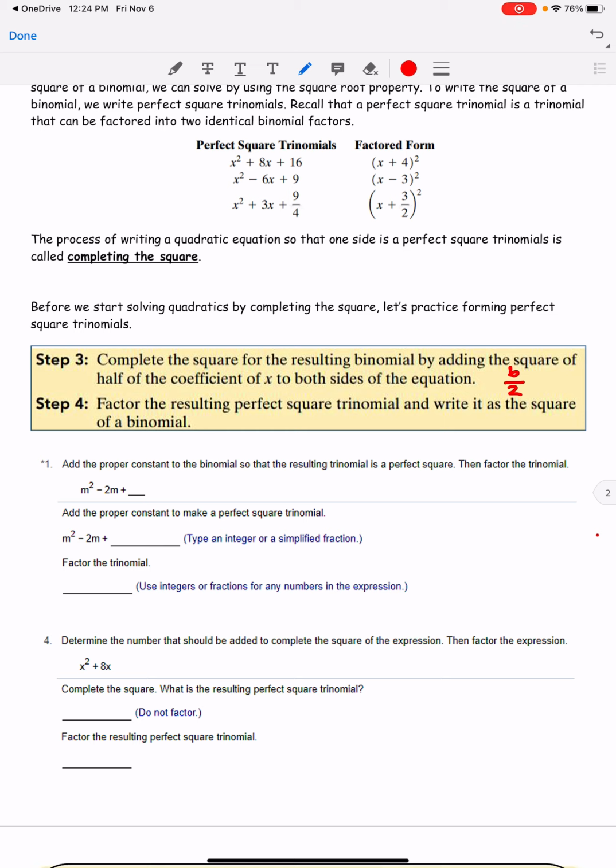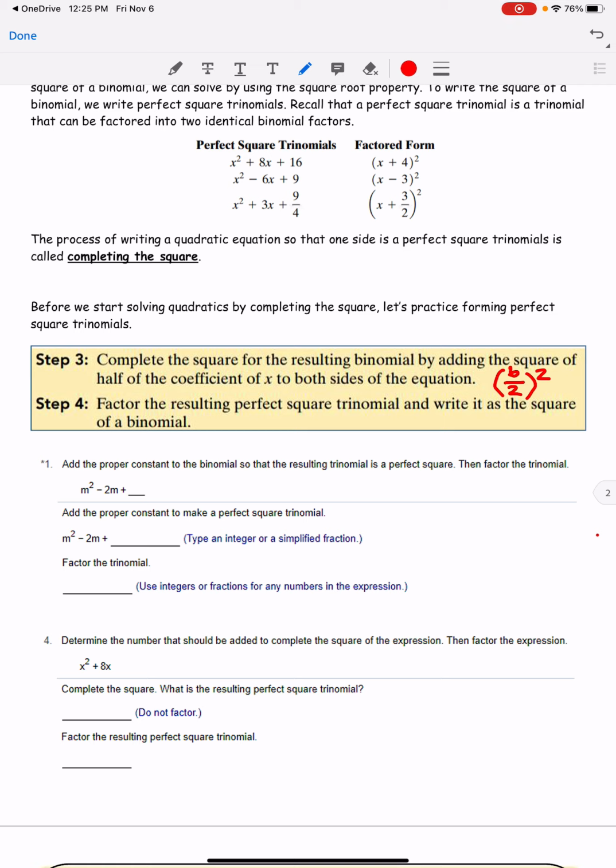Okay, that's what half of the coefficient of x is. And then we need to square it. So I'm going to take this quantity squared. And then step 4, factor the resulting perfect square trinomial and write it as a square of binomial. So then we're going to have it in this form here, and I need to write it in its factored form.